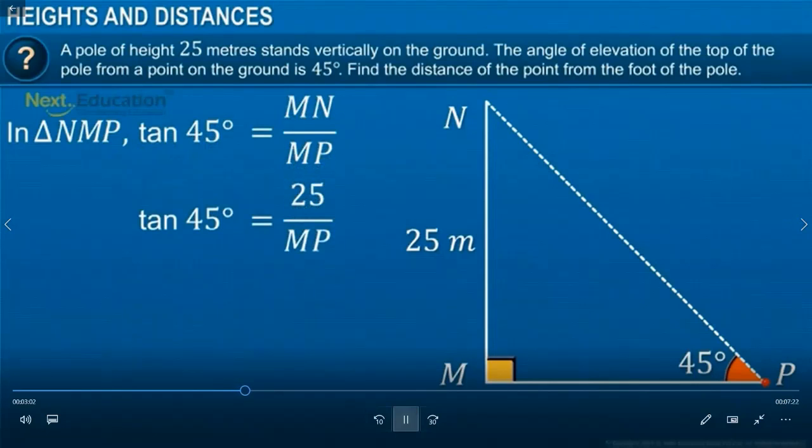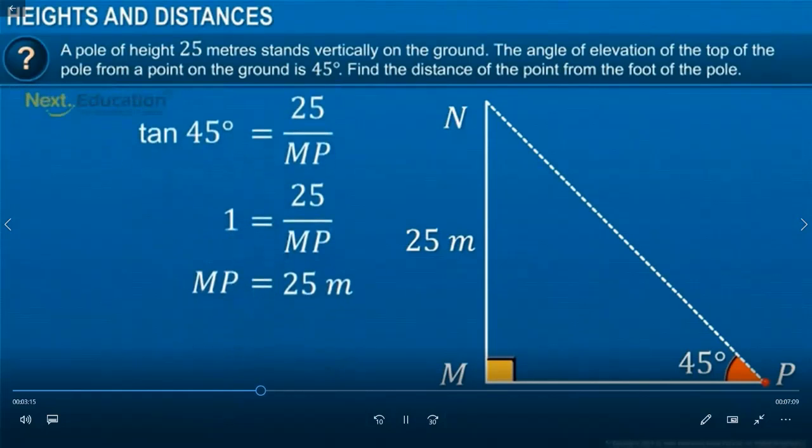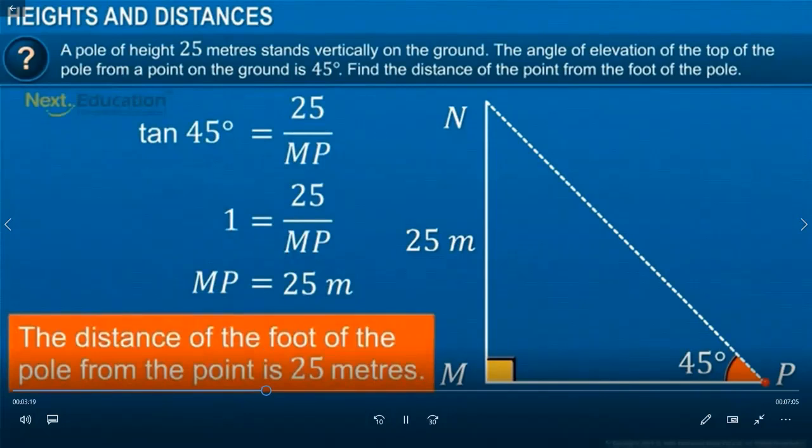The value of tan 45 degrees is equal to 1. Rearranging, we get the value of MP, that is, the distance of the foot of the pole from the point, is equal to 25 meters.